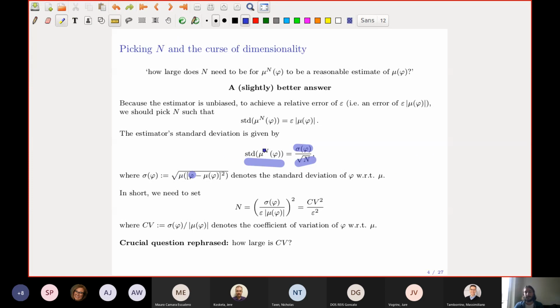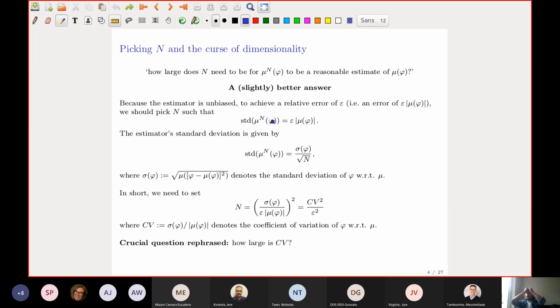And then if you combine these two things together, you find that the number of samples you need to achieve a relative error of epsilon is inversely proportional to epsilon squared, and the proportionality constant is this coefficient of variation squared, which is just the standard deviation of phi with respect to mu, normalized by the magnitude of the average of interest. So this question of how large I need to pick n just becomes how large is this coefficient of variation.